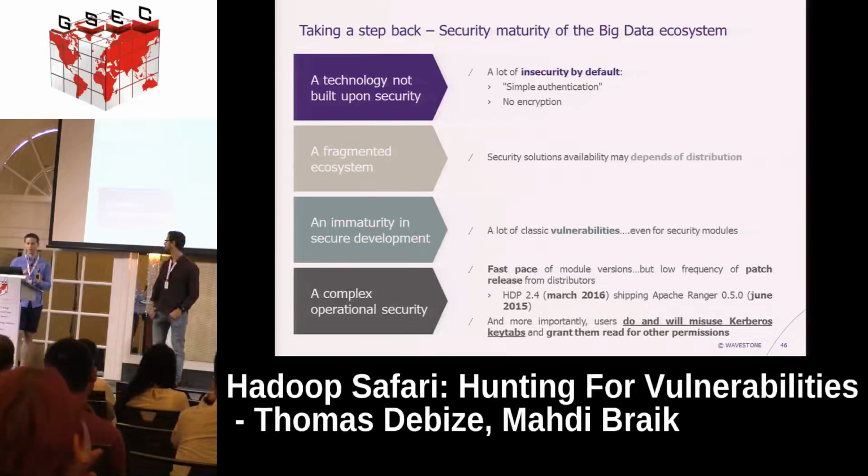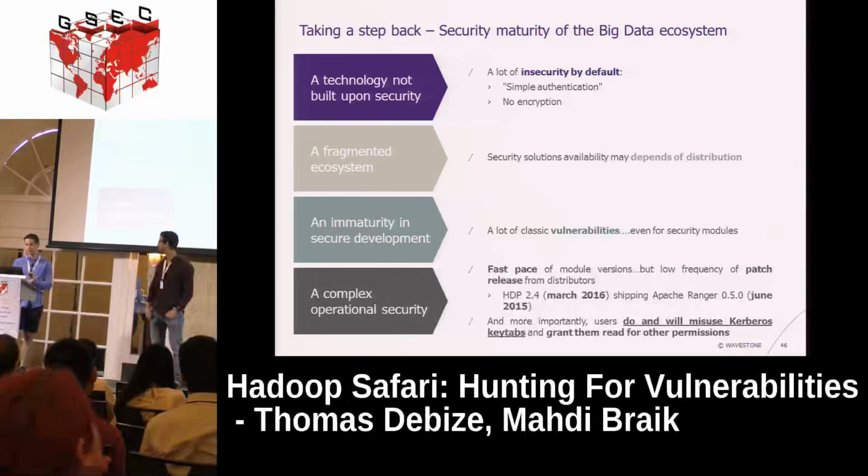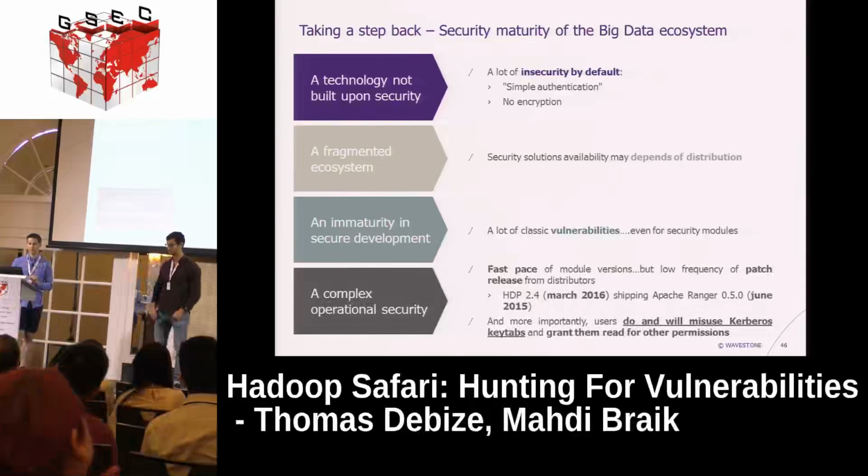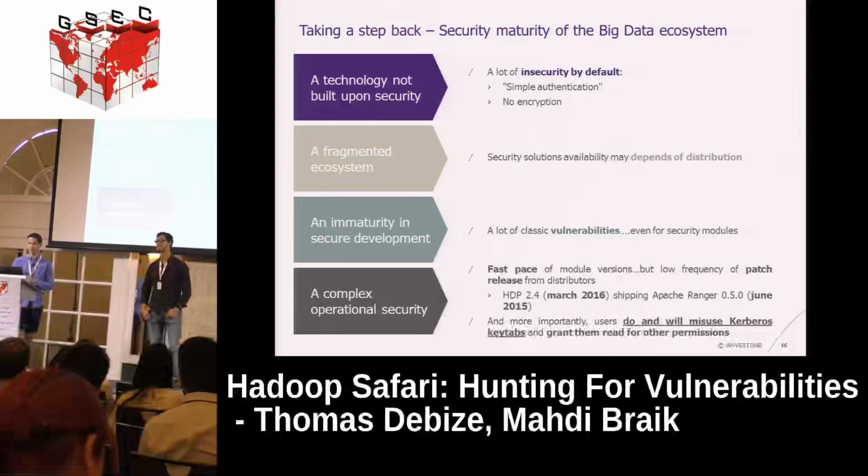So the first step is to put in place Kerberos, which is not something trivial. And then you have to raise awareness among users, not to misuse Kerberos keytabs, and not to grant them read permission for others, because it will constitute a hole in your Hadoop Kerberos plan.